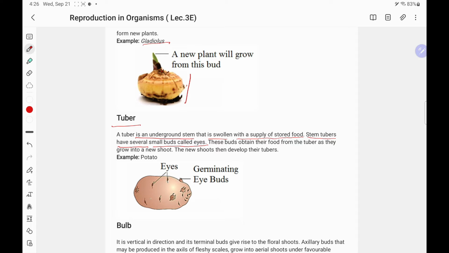When you take a potato in hand, you can easily see the eye, that is a bud, and this bud grows into a new plant, a new shoot, and develops tubers again.